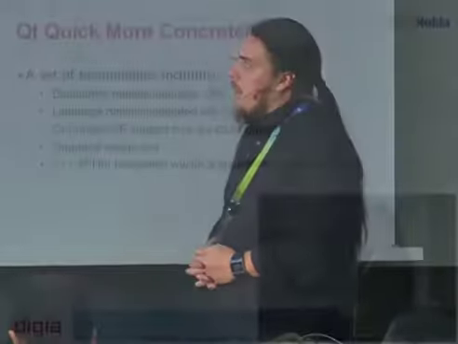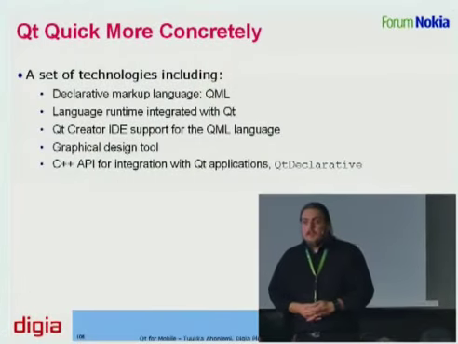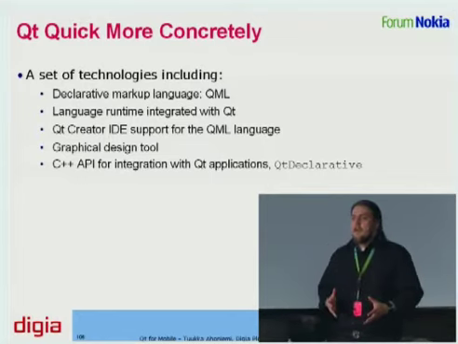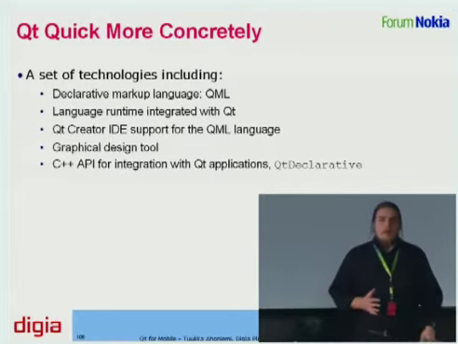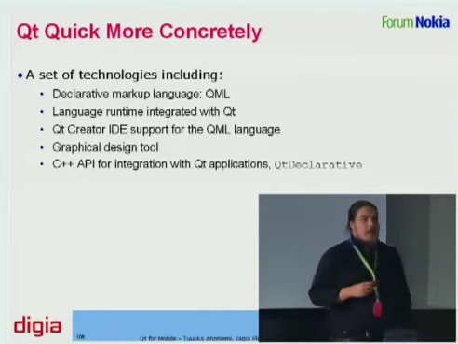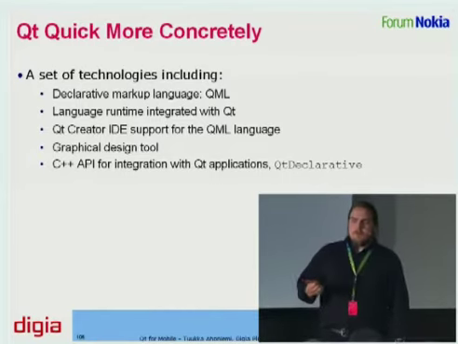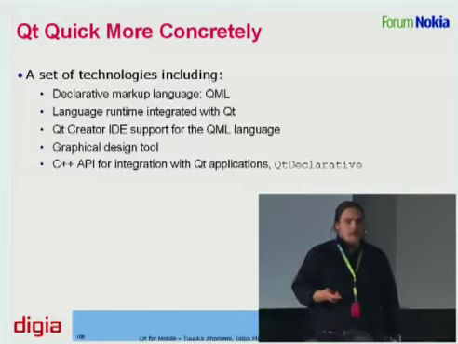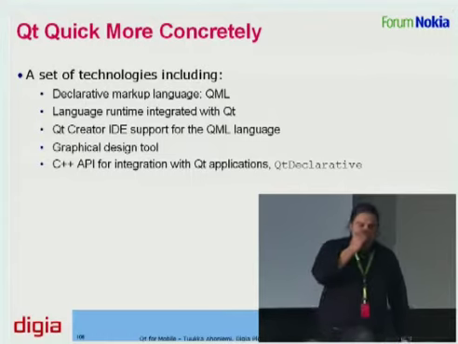QML is a declarative markup language. It's a completely separate language for declaring your user interfaces. You no longer write imperative code that says, hey, first we'll create this button here, and then we'll create this one there, and after that we will do a loop that creates this and that. But you declare stuff.